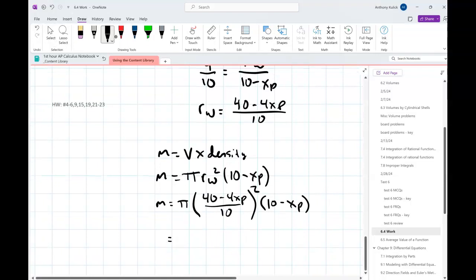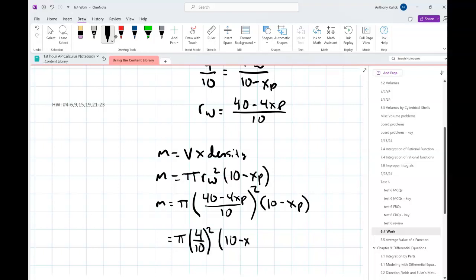And just for cleanup's sake, I'm going to take that 4/10 squared out. So I can just have 10 minus xp cubed. I haven't put it in yet. Oh, sorry. Yep, still need the times 1,000 at the end here.